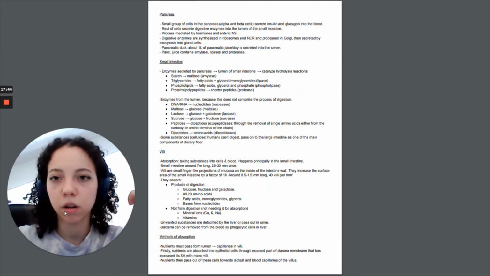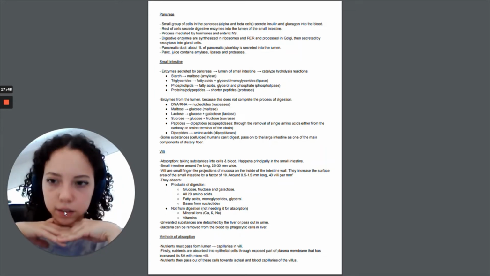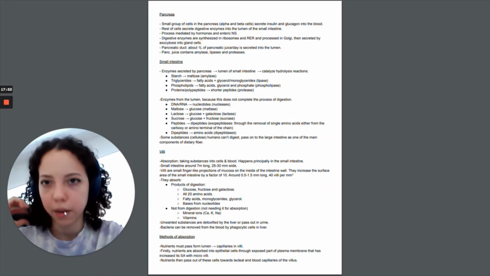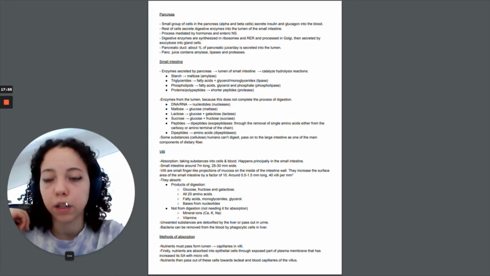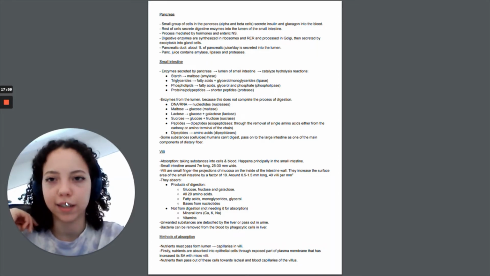The pancreas secretes all of these enzymes into the lumen of the small intestine through the pancreatic duct, which secretes about a whole liter of pancreatic juice per day. And this pancreatic juice contains amylase, lipases, and proteases, which will be covered next.